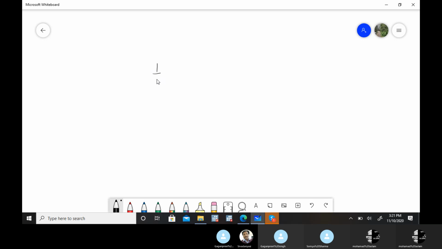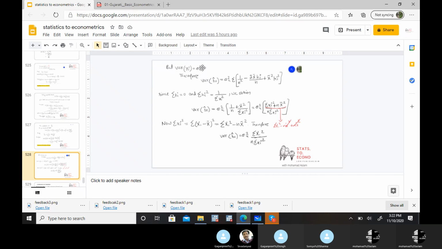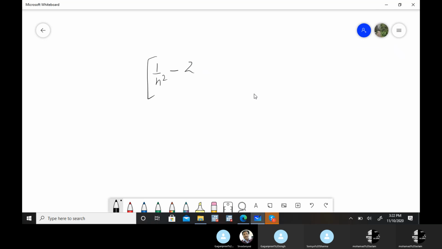The original term is 1 by n square minus, in a bracket, 2 ki upon n plus ki square.